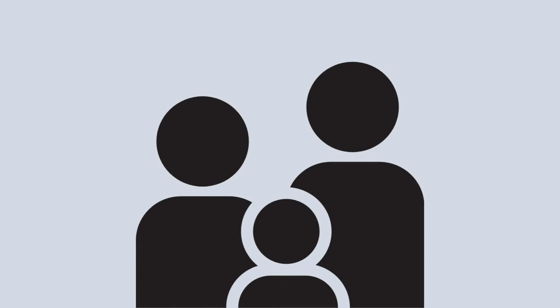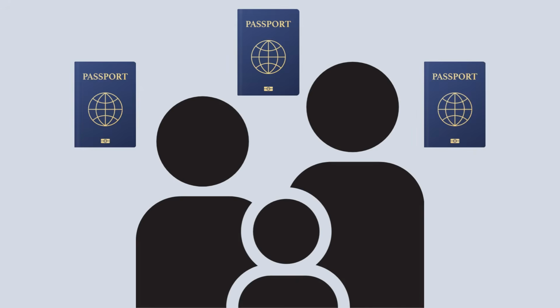If you are including your spouse in your asylum application, include a copy of your marriage certificate. If you are including a child in your application, include a copy of their birth certificate. You should also include copies of their passports, from cover to cover, and United States entry documents if they have them.